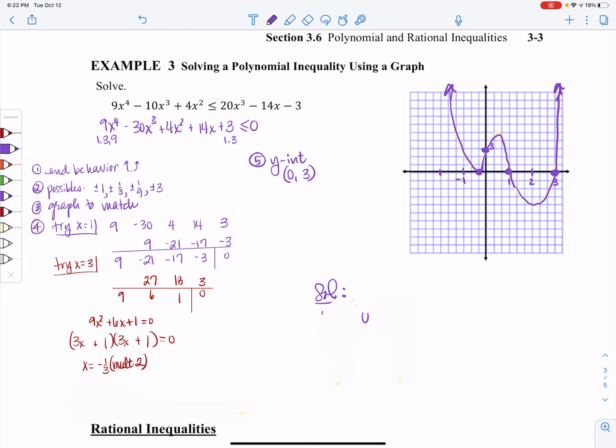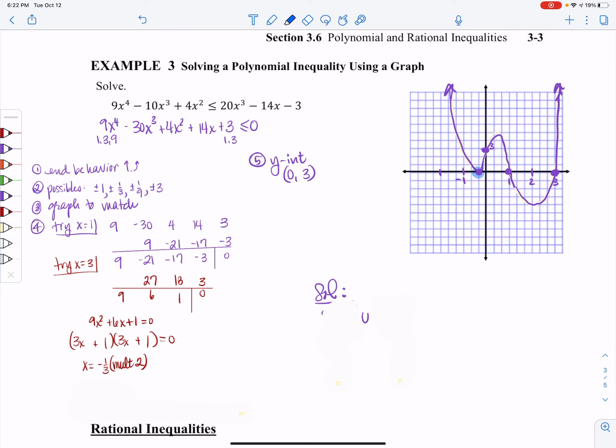All right, so my solution, notice if you'll go back up to the original equation, we want to know where my graph is less than or equal to 0, below or on the x-axis. So let me get my highlighter out.